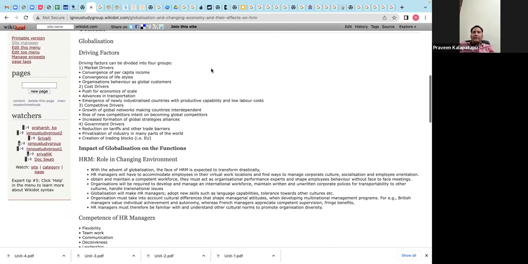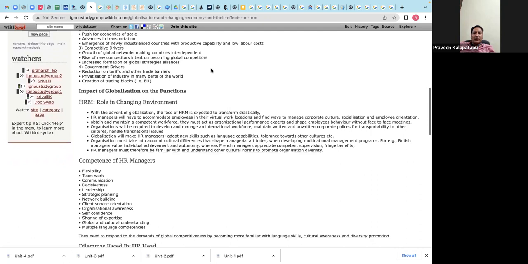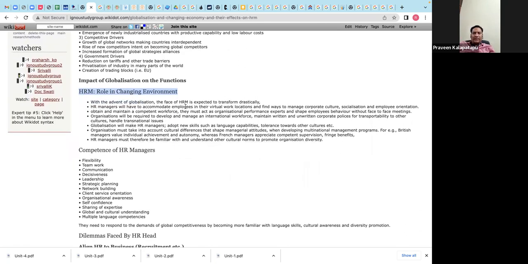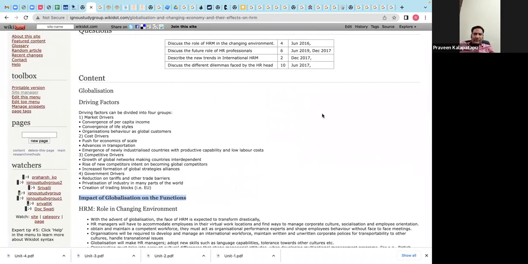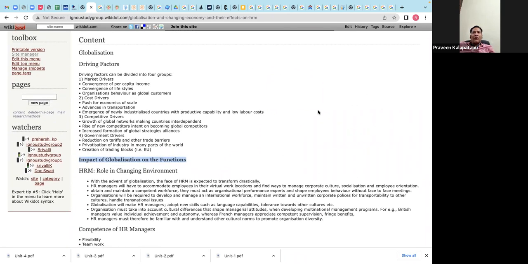Okay. So now going further, we are talking about the HRM role in this changing environment. Before that, there is a short section which talks about the impact of globalization on HR functions. So this has a very generic content, right? HR is a very strategic position, and globalization brings a lot of complexity as far as HR is concerned.